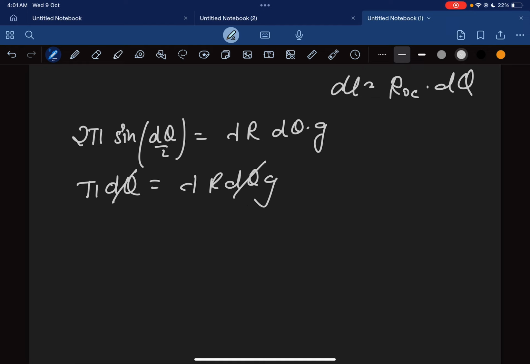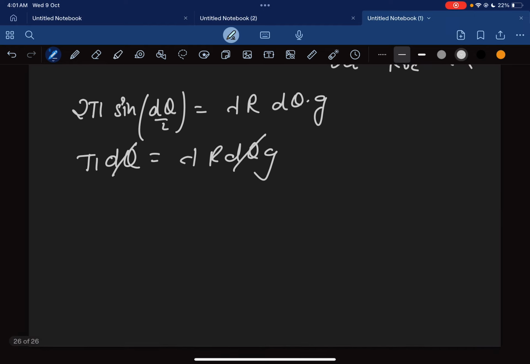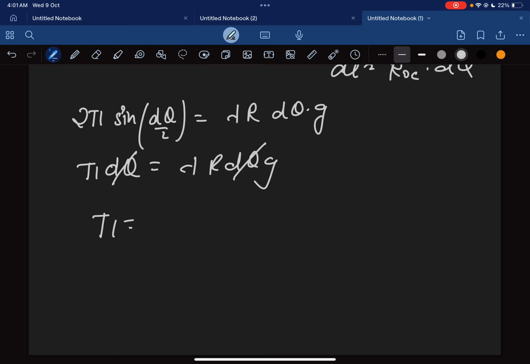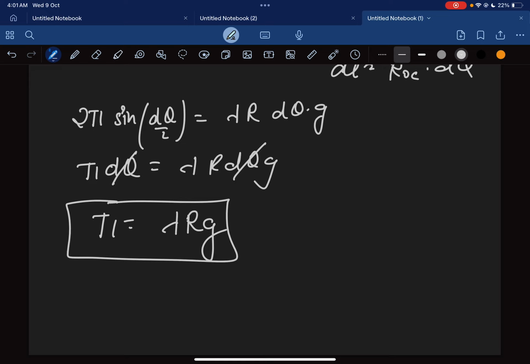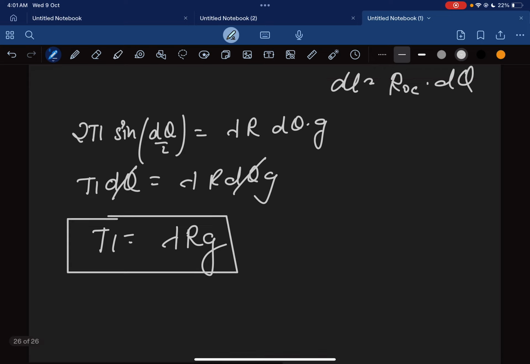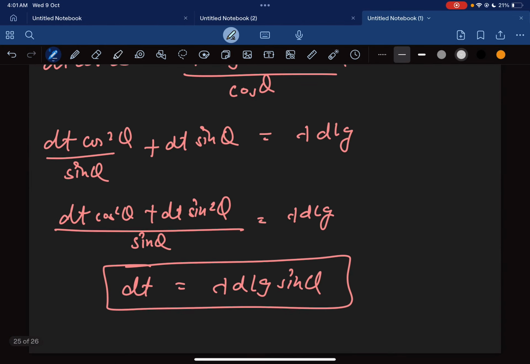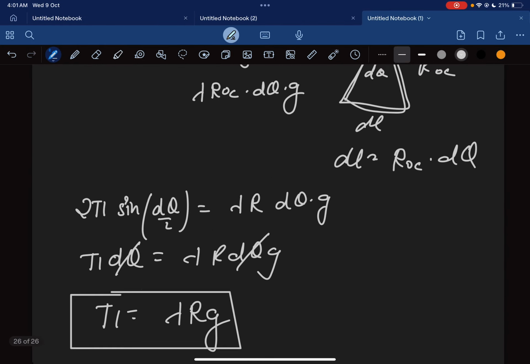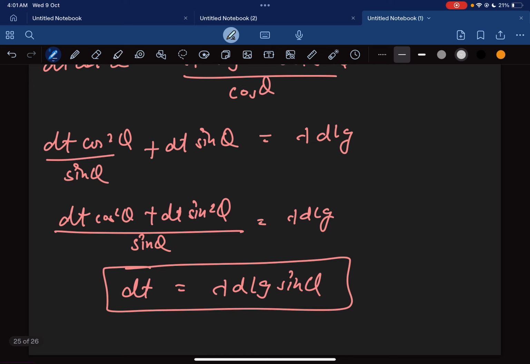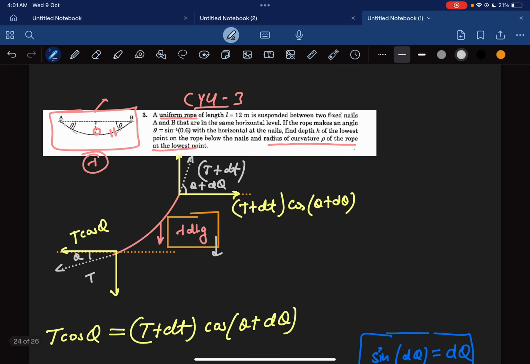I cancel d theta, so I end with T1 equals lambda R g. That's also my T2, because T1 is equal to T2. From here you will find T1 and then you will end this whole question.